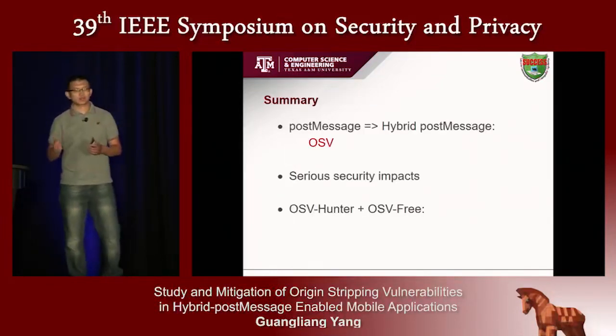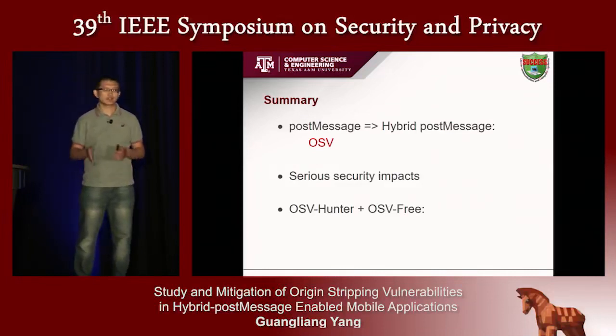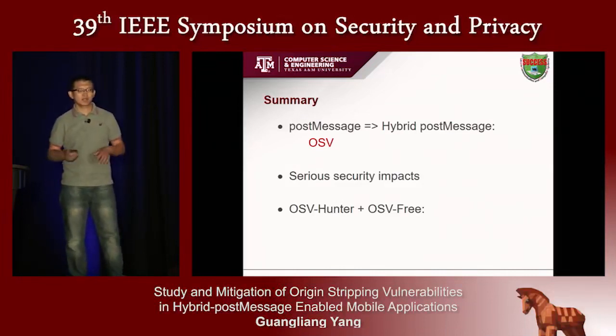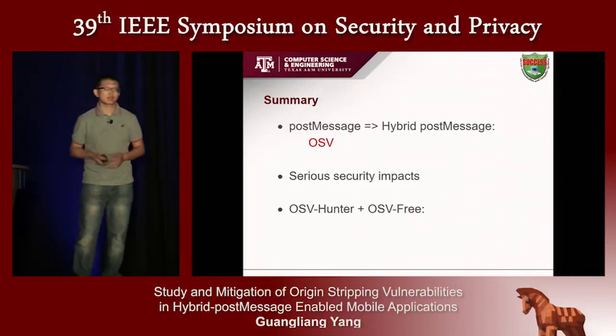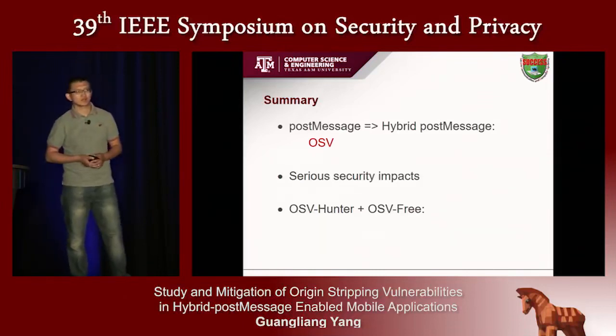Summary: when postMessage is extended into the mobile platform, and developers do some extension, we call it hybrid postMessage. Hybrid postMessage totally meets developer requirements, but serious consequences also come with it.